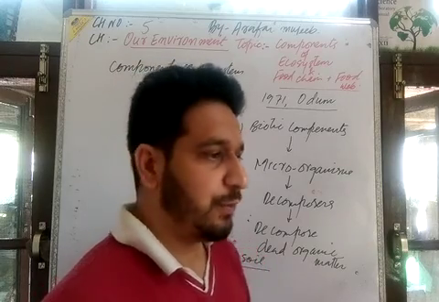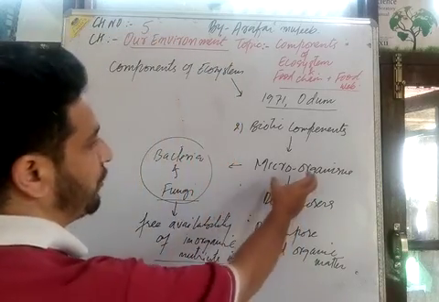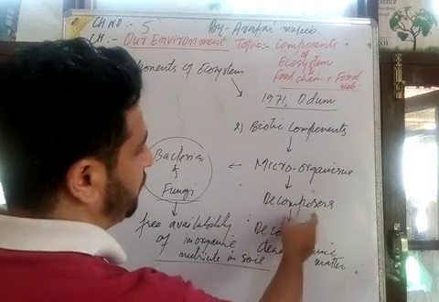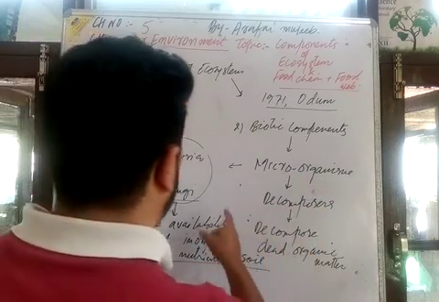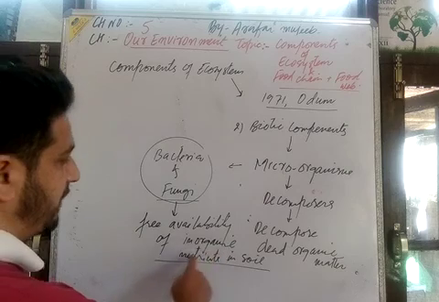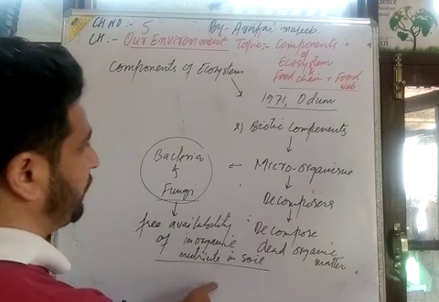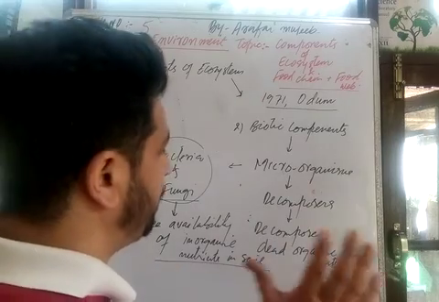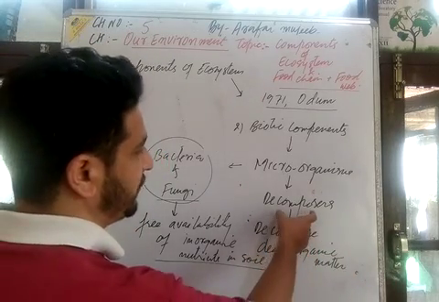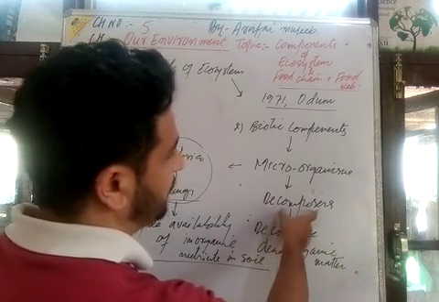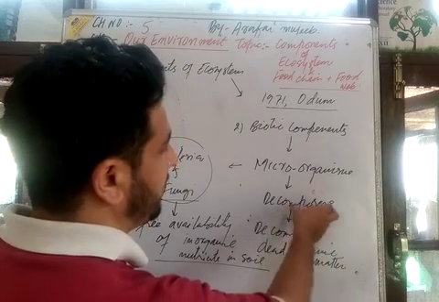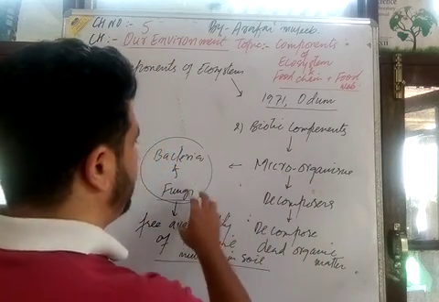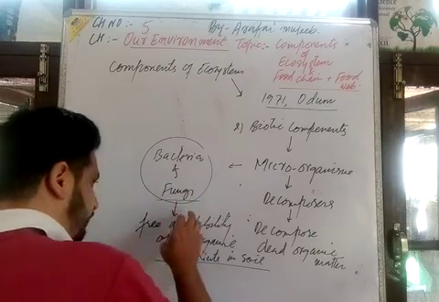Therefore microorganisms play an important role in decomposing the organic matter, as they make inorganic matter freely available, which is then reutilized by the plants for their growth and development. They also play an important role in water bodies. These decomposers are found in water bodies, inside the soil, and in the air.